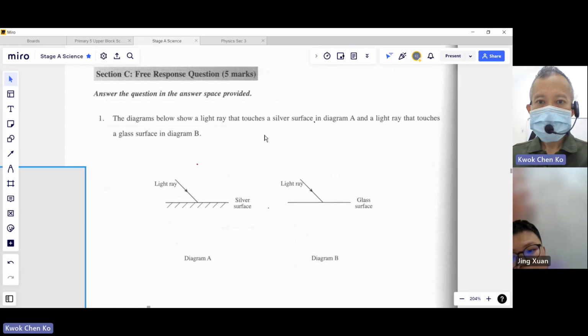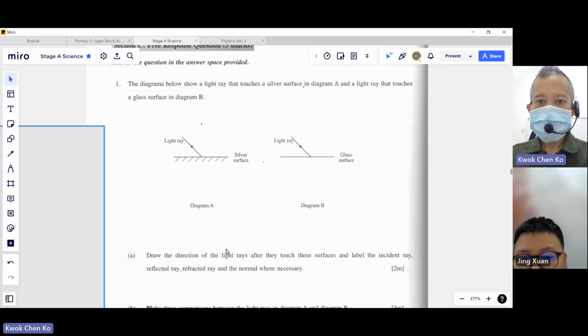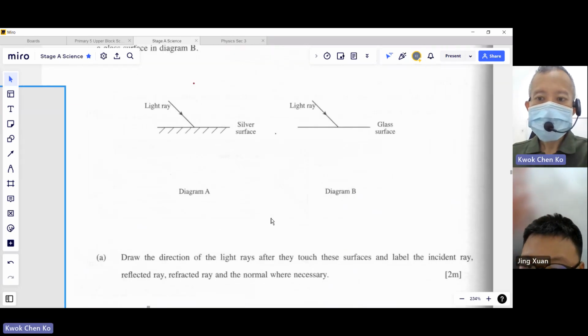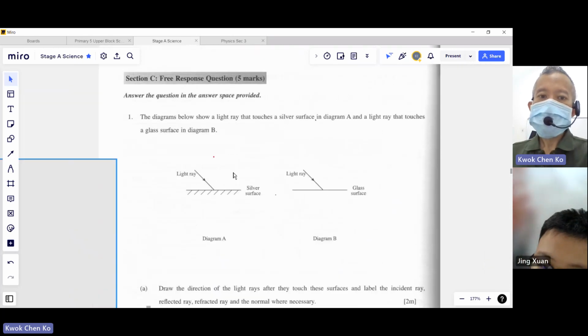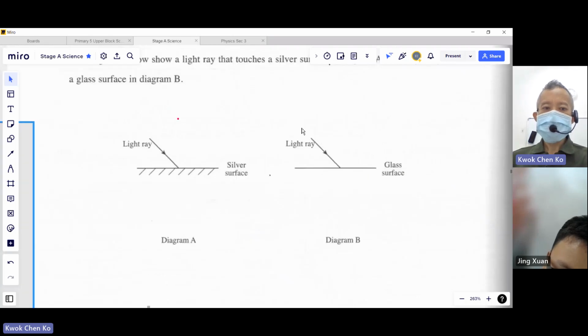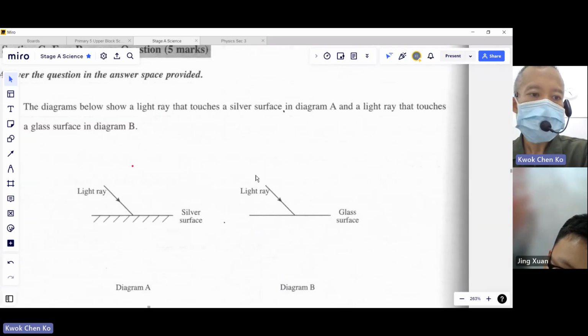Okay, what light rays are there. Draw the direction of light rays after they touch the surfaces and label the incident, reflected, and normal when necessary. Okay, I think nothing new here, so I just simply draw it out. Check your own answers.